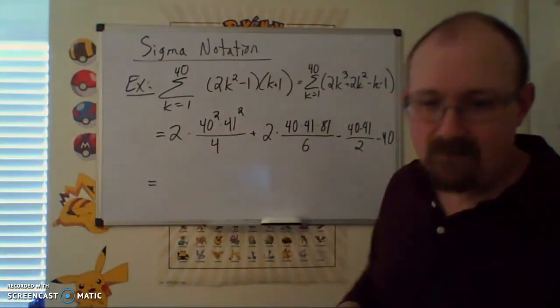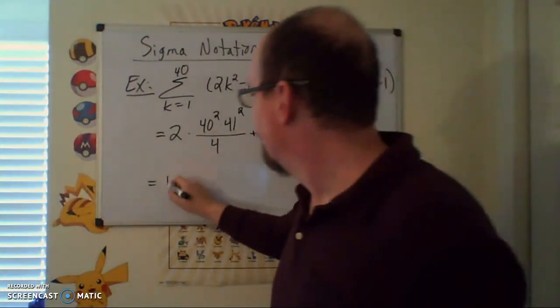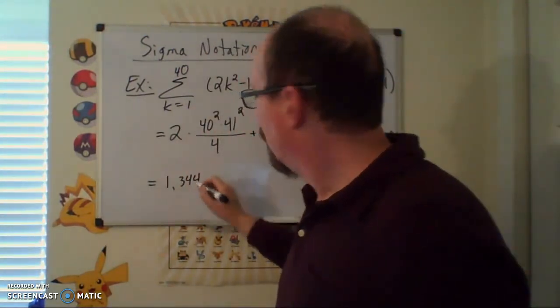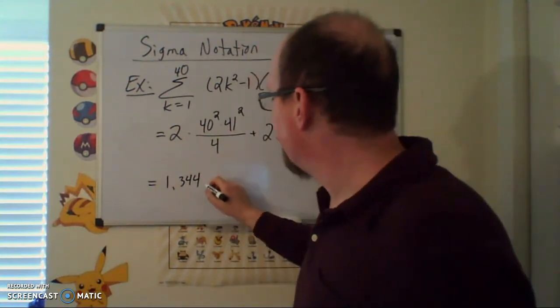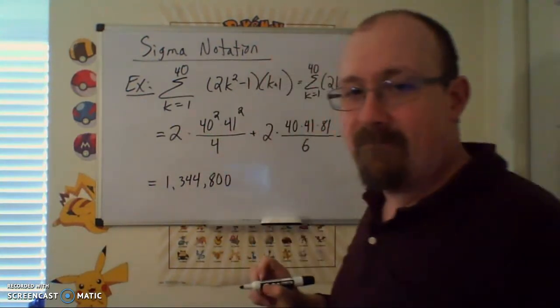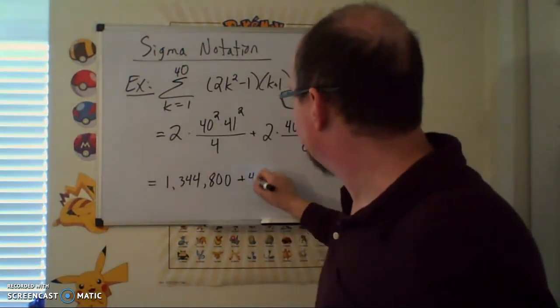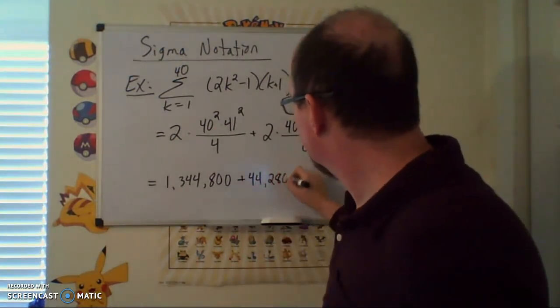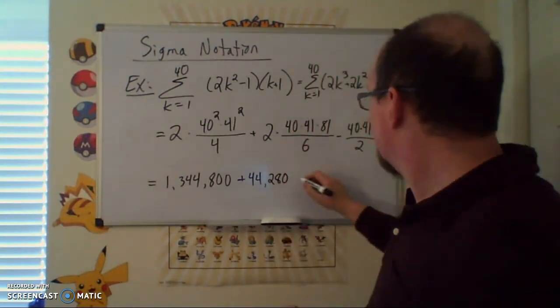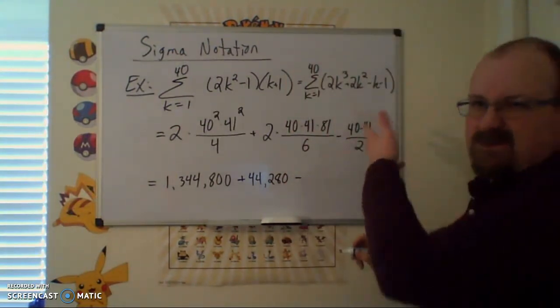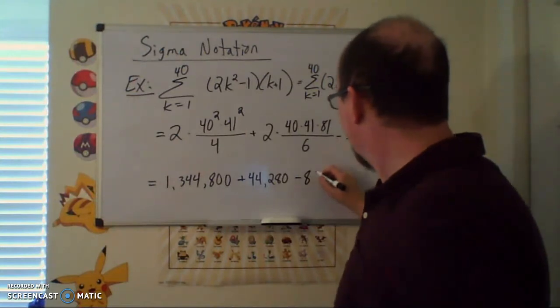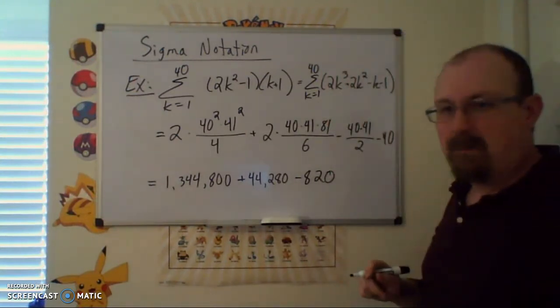Okay. So now, when I do my arithmetic, I get 1,344,800. That just rolls off the tongue. This guy here, when I worked it out, I got plus 44,280. This one, not too tough to work out. You could get it without a calculator if you were really pressed.